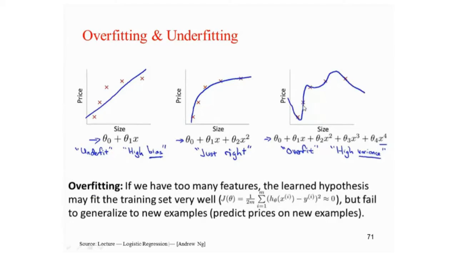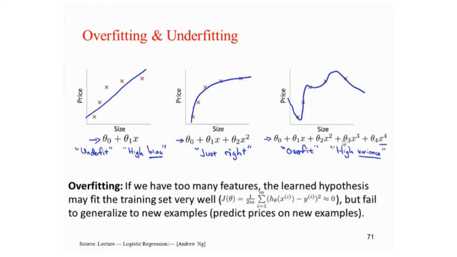Now here I have taken a very refined hypothesis, x to the power 3, x to the power 4, and we try to tune the values theta 0, theta 1, theta 2, and theta 3. Ultimately, on the training data set, this hypothesis performs very well.